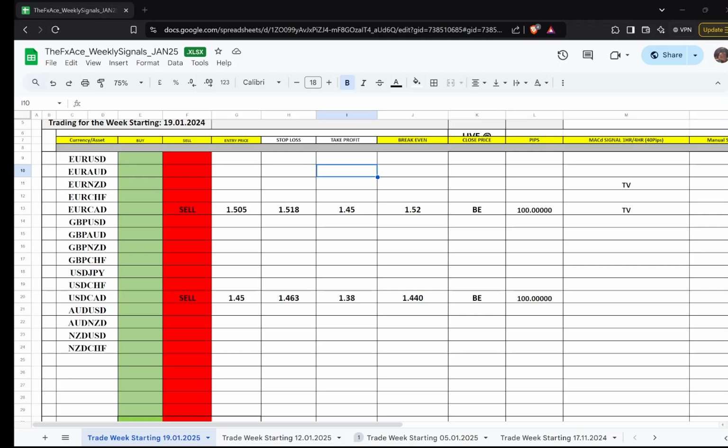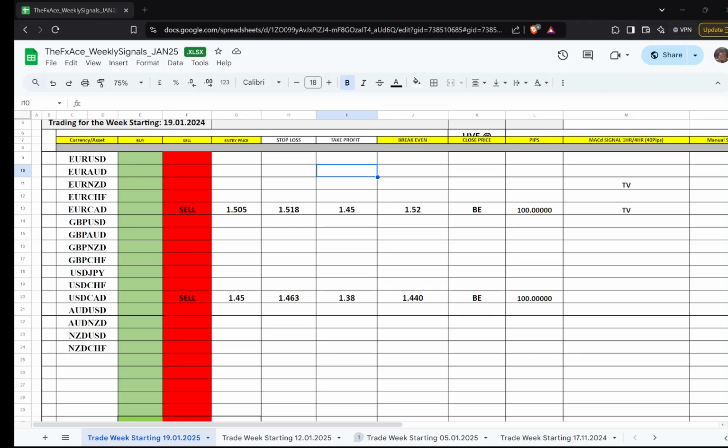I thought I was missing out on this trade for my weekly swing positions yesterday, because we got this huge drop, but we got that spike up this morning, triggered my trade. It went straight back down to 144, hit my break even and got me 100 pips so far, and it is looking like it's heading back up, so it might stop me out in that position, but I've already banked 50% and 100 pips.